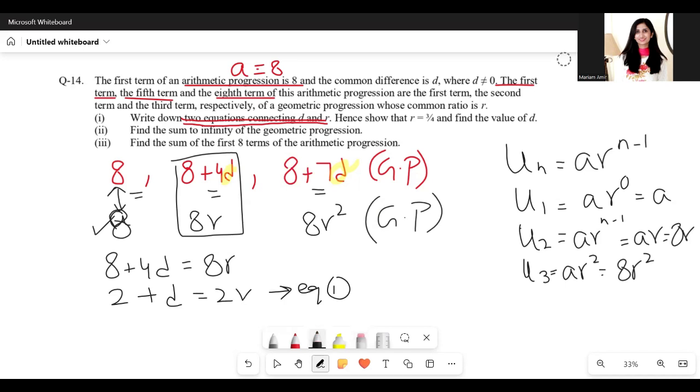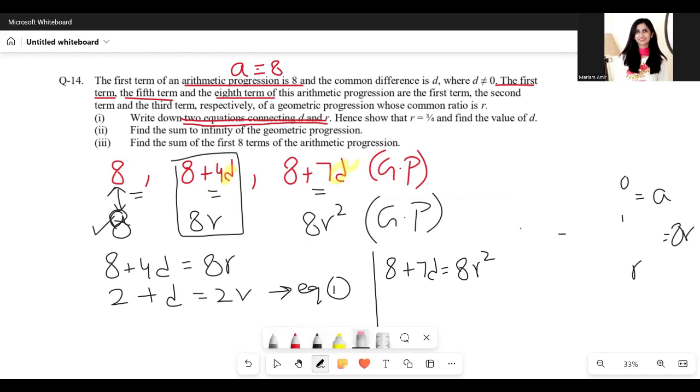And then for the second equation, it's going to be 8 plus 7D equals 8R squared. This would be equation number 2.